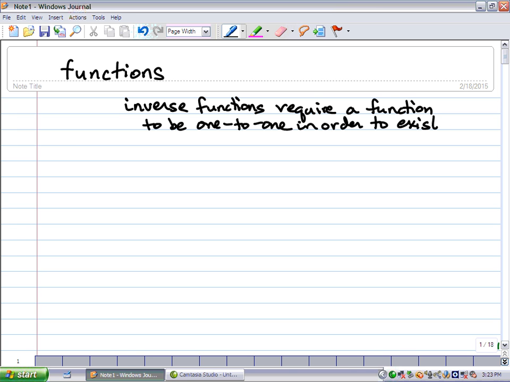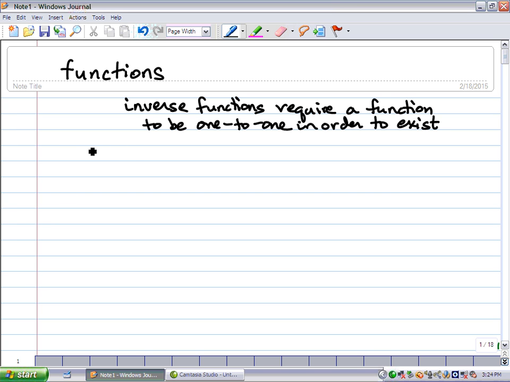So if we would like to prove a function is one-to-one, we will use the definition. The definition of a function is that for each x, there is at most one y. So a one-to-one function also has an addition: for each y, there is one x.